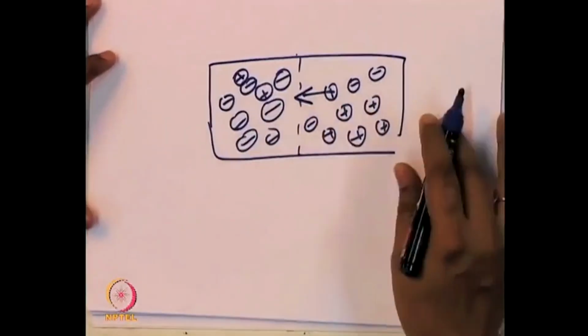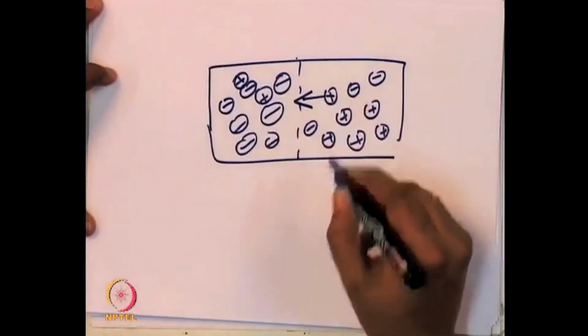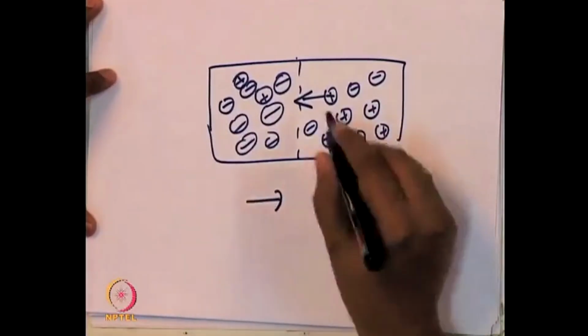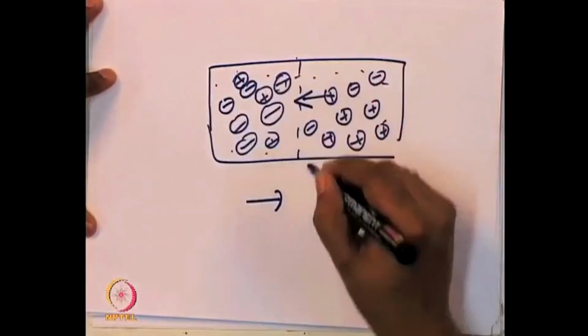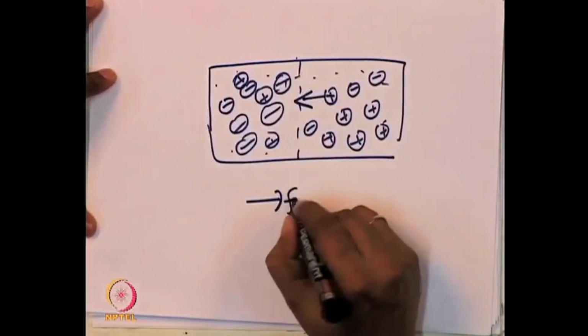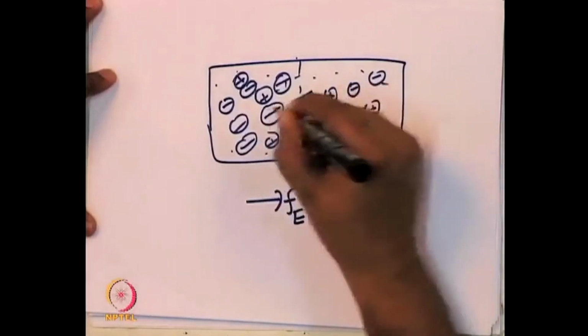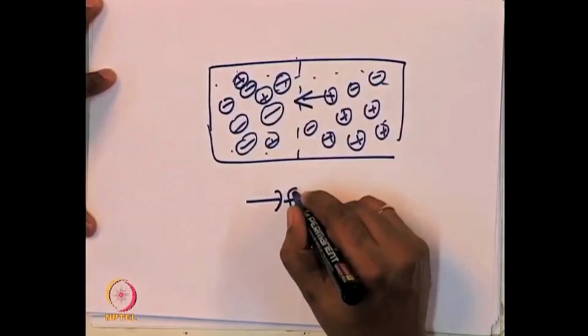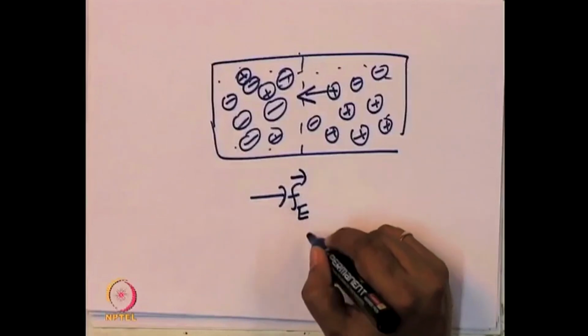So, there is a force. If you push something in water, and of course there is water everywhere, you are pushing or pulling by a force, and this force is an electrostatic force.